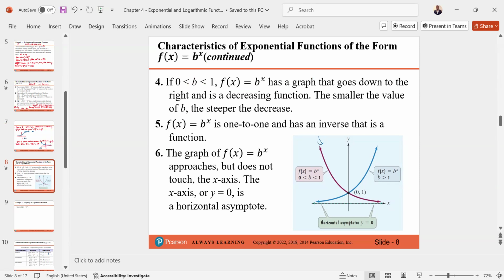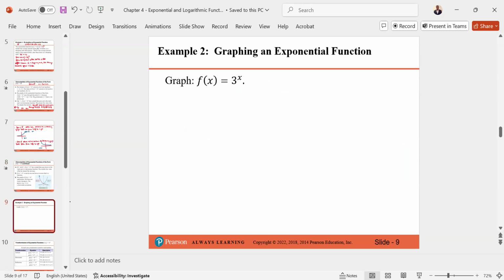Now, if we have f of x equals b power x plus a number that is not 0, then it would be a different one. Now, let's see a particular example. Any function in the form b power x, we know the graph would rise from left to right.